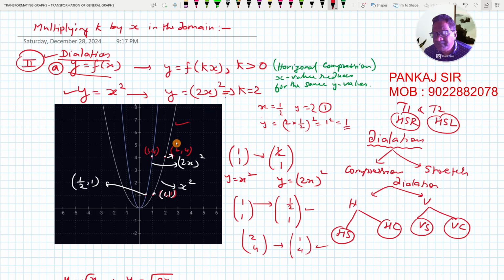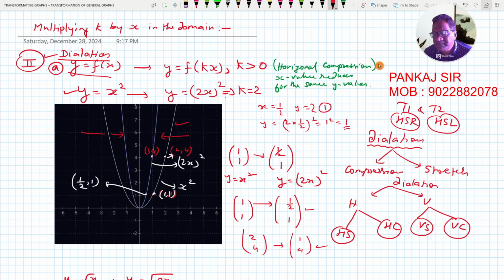This particular parent function will be compressed, and it will move closer to the y-axis. This phenomenon is known as horizontal compression, because the parent function will be pushed in the inner direction, and this compression is taking place in the horizontal direction. Is that understood?